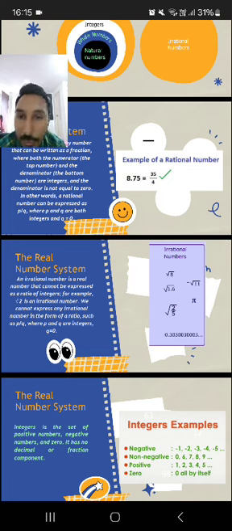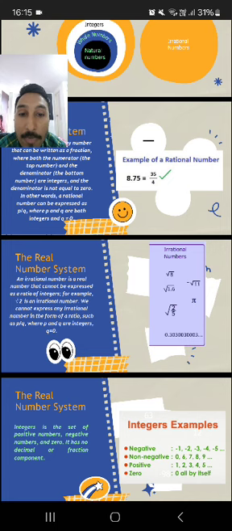Basically, it's also a real number, because we are studying real numbers and it's part of the real number system. It is a real number that cannot be expressed as a ratio, which means it cannot be expressed as a rational number.